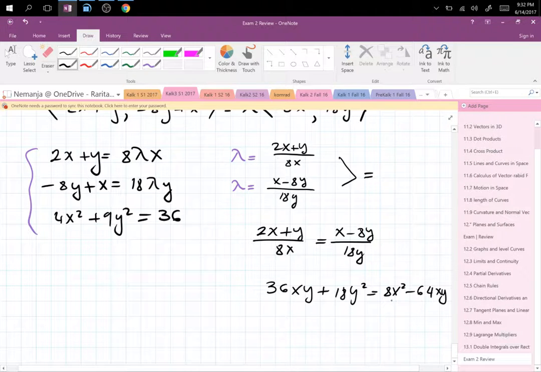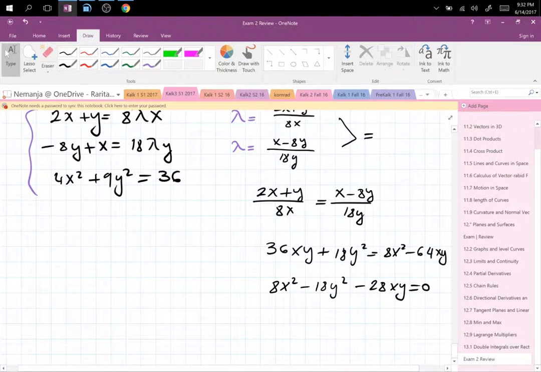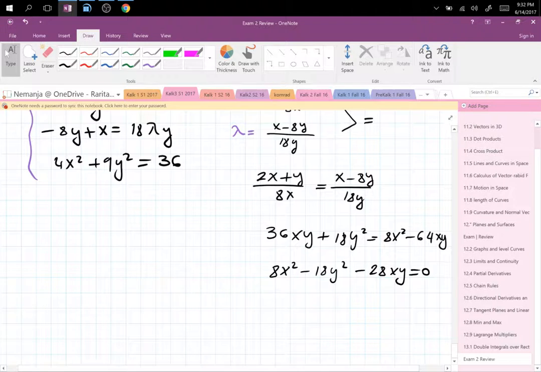So let's keep x squared positive. So 8x squared minus 18y squared, and then minus 28xy equal to 0. So now I have two equations and two unknowns.